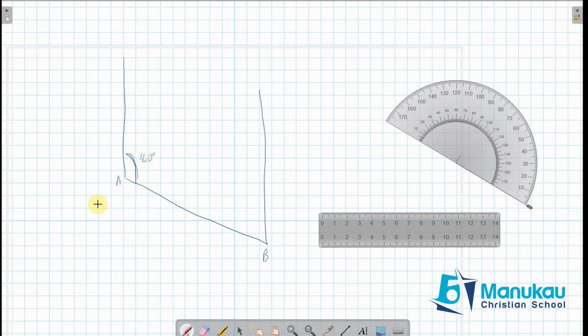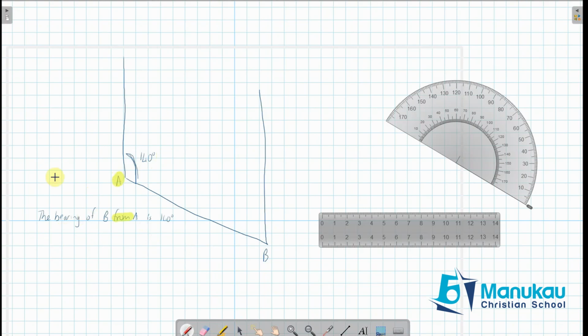Okay? So we would say that the bearing of B from A is 140 degrees. Okay? The word from is important. That's where you start. So wherever it says from something, you start measuring from there, okay?